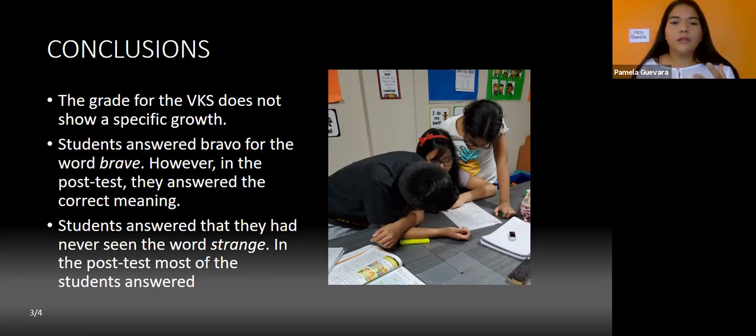So for example, brave, they thought the meaning was bravo, like angry. And some of them, after the study, they knew, okay, brave is someone that has courage. So also the word strange is a particular example of words they had problems with.